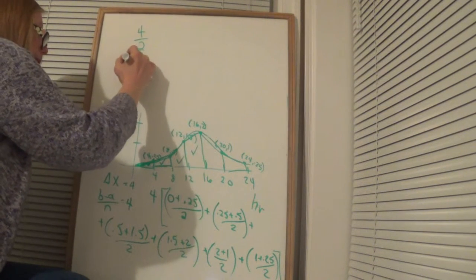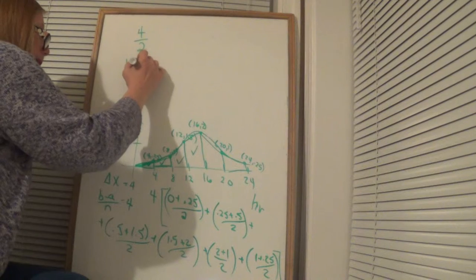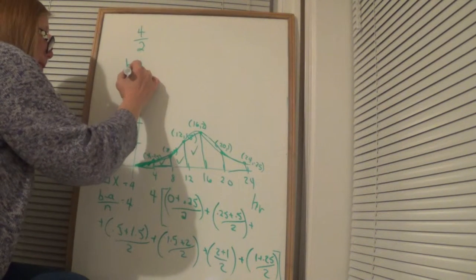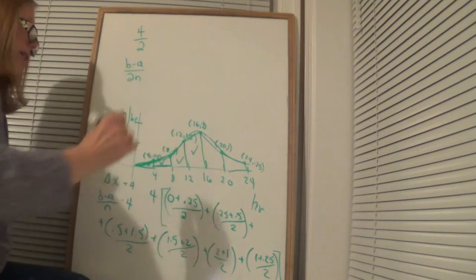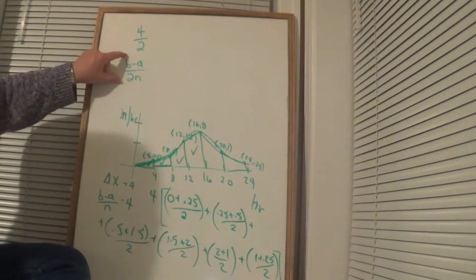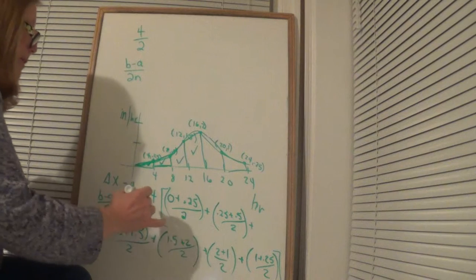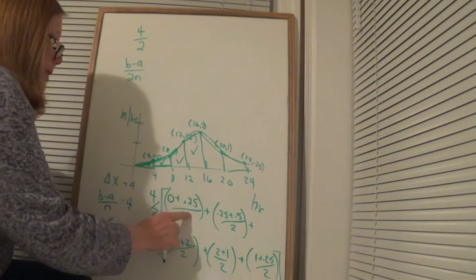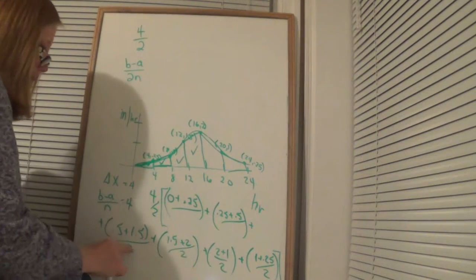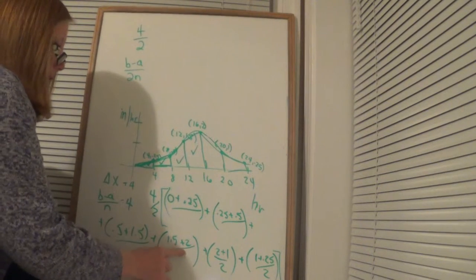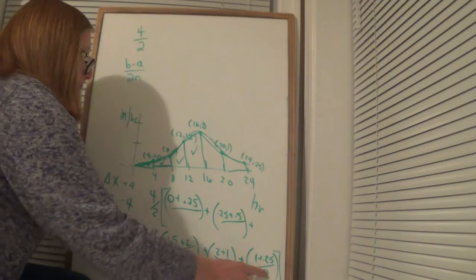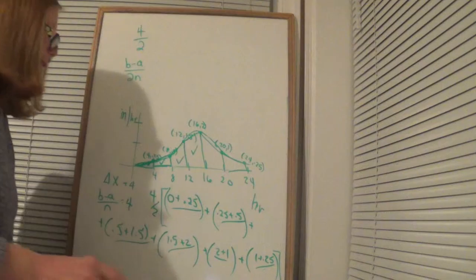So I actually use b minus a over, remember it was n, but there's always a 2. So in the trapezoidal rule, I go ahead and pull that out right away. So I'm going to pull that 2 out, and these will disappear from our list here. And now I have a green finger, which I hope is like a green thumb.